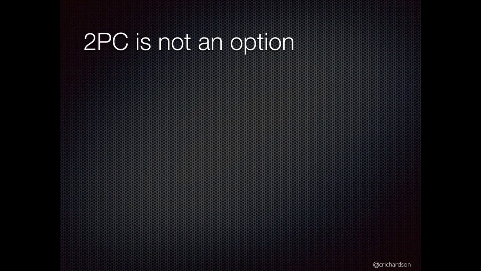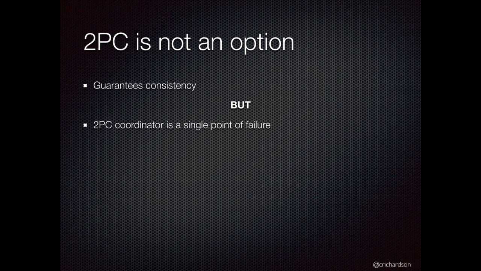This is particularly problematic because two-phase commit is not a viable technology option today. On the one hand it sort of works, but there are a whole bunch of theoretical and practical reasons why it's not a good choice. It impacts the availability of your system.